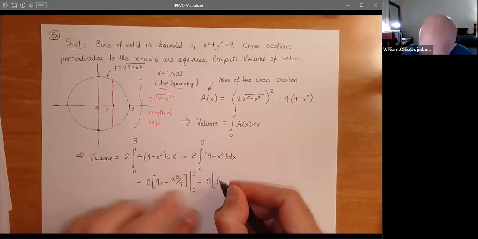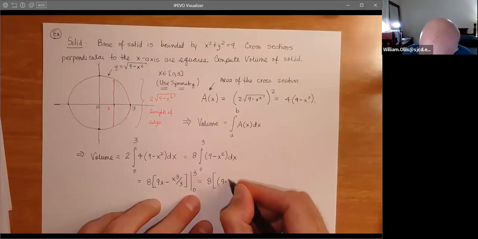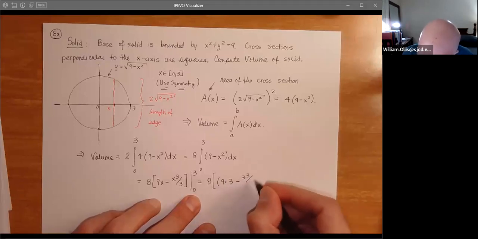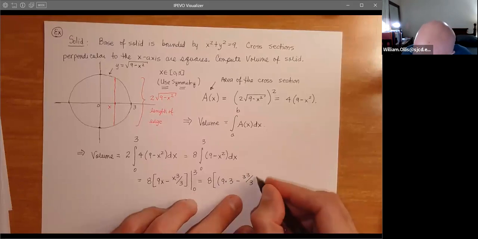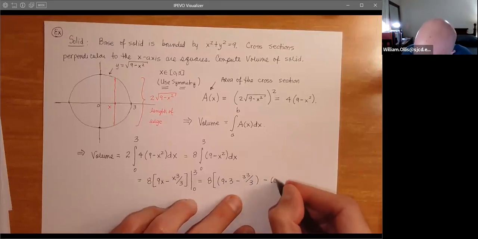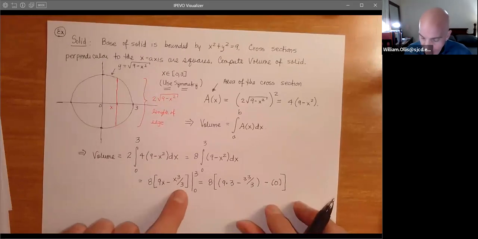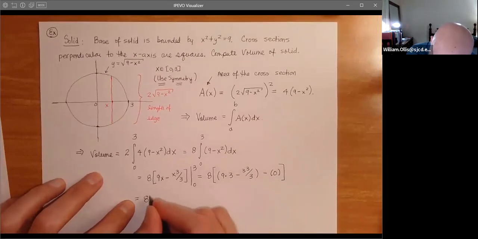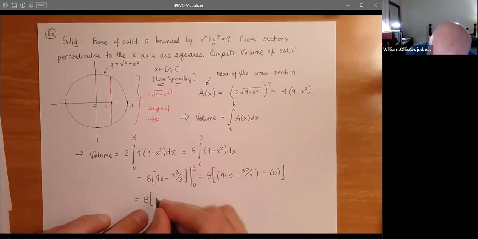So substituting the 3, 9 times 3 minus 3 cubed over 3. And then, of course, we can just put in the 0 since both of those are annihilated at 0. So this gives us 8. So now we have 9 times 3.